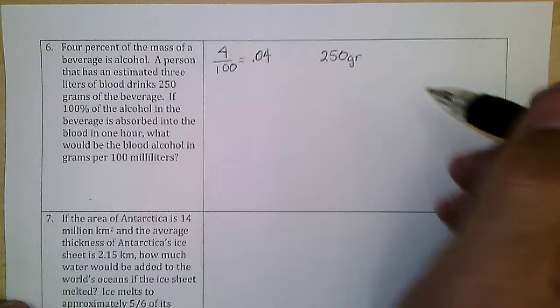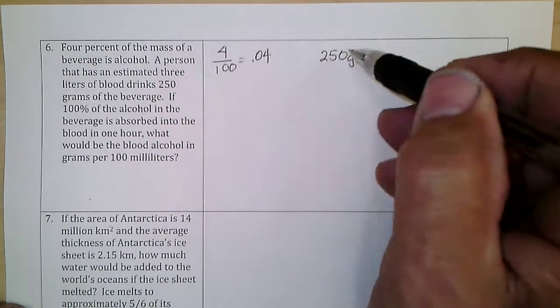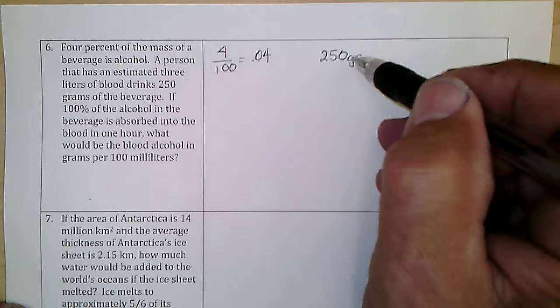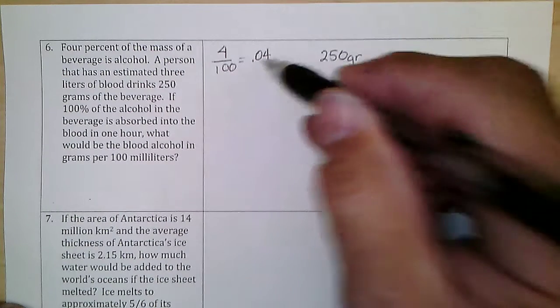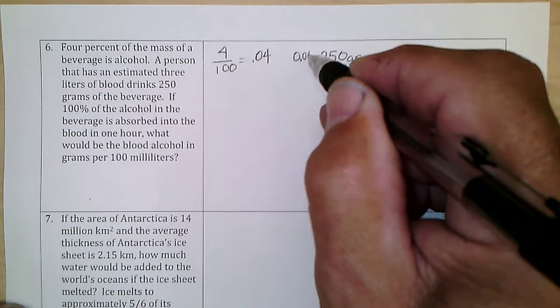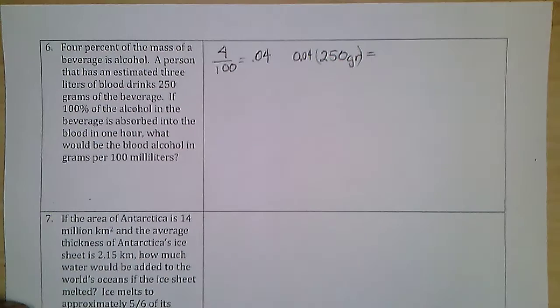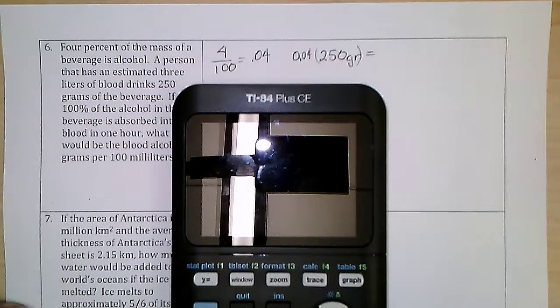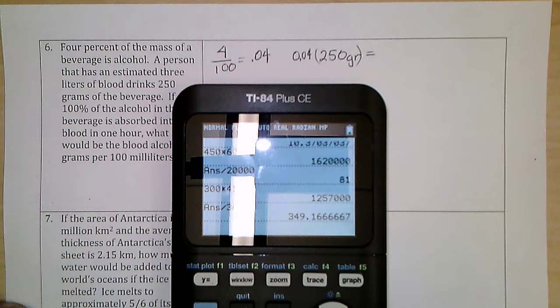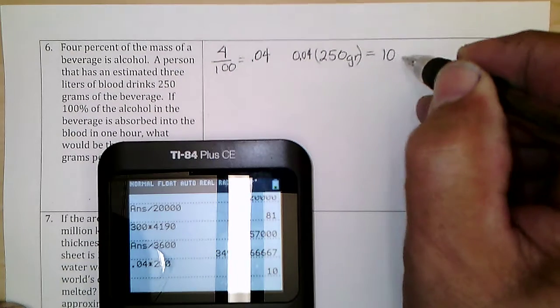That's a cup of 4% alcohol. So it's a cup of wine or a cup of beer or whatever. But not all of this is alcohol, only 4%. So we take it times 0.04 to find out how many grams that is of alcohol that goes into their blood after the hour that it says, 0.04 times 250, and we get 10 grams.